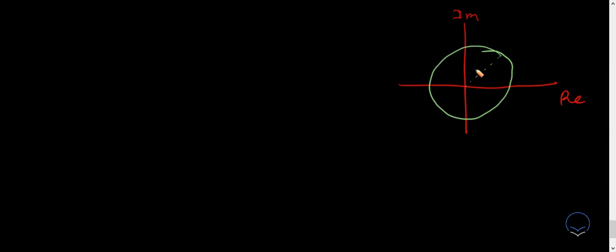So this is a circle, though it doesn't look like a circle completely, but yeah, this is a circle. And this circle can be parameterized. Since the radius is fixed, it can be parameterized by only one parameter, that is called the angle that it makes with the positive real axis, and theta starts from 0 and goes all the way to 2 pi.